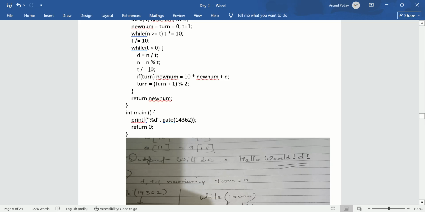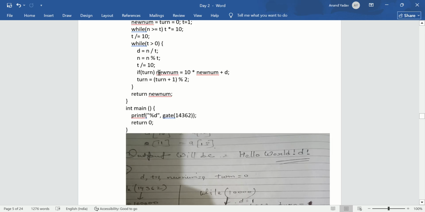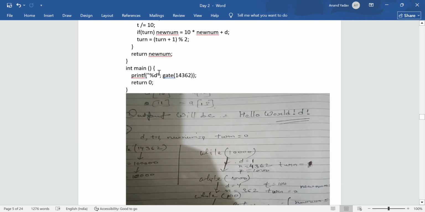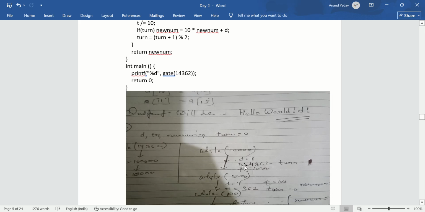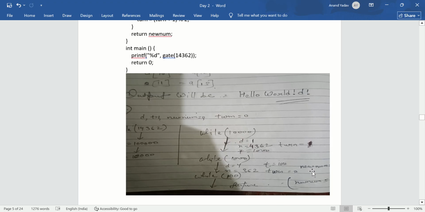Now while t is greater than 0, this code executes. Then in the first execution, d is equal to 1, n is equal to 4362, t is equal to 1000, and turn is equal to 1.